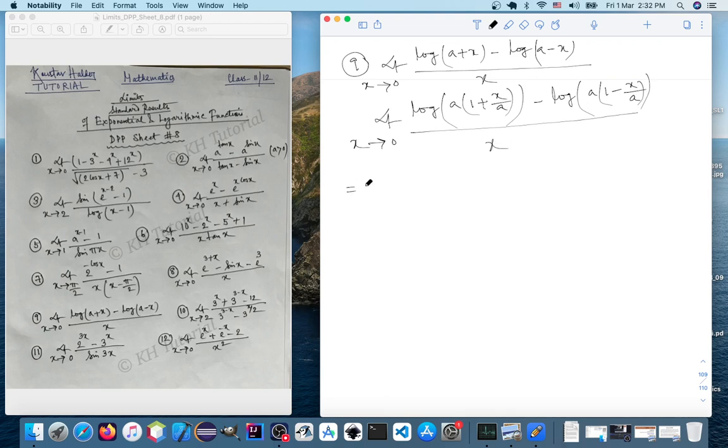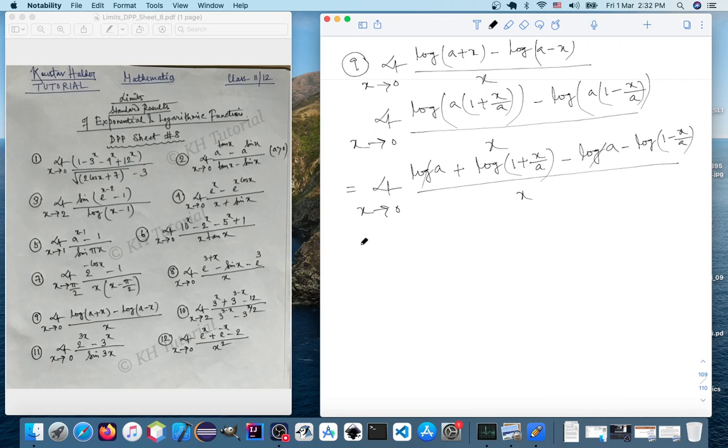Now applying log AB equals log A plus log B, we see this becomes log A plus log(1 plus x by A) minus log A minus log(1 minus x by A), divided by x.